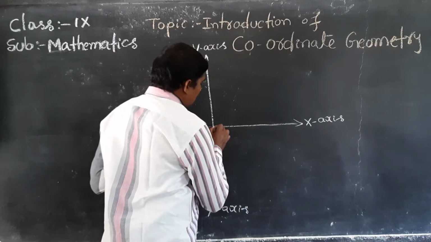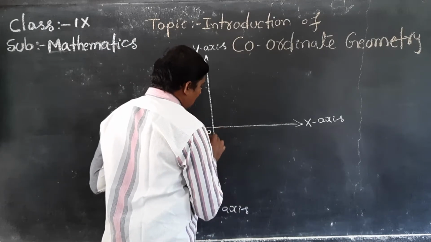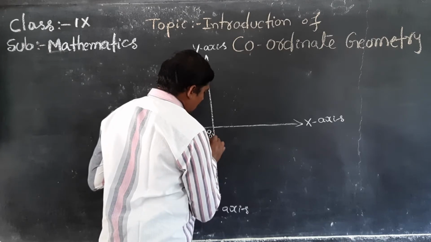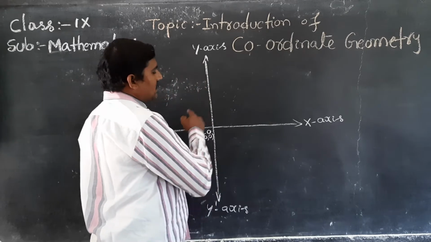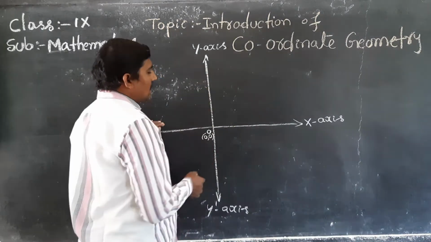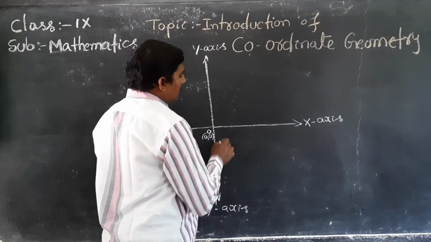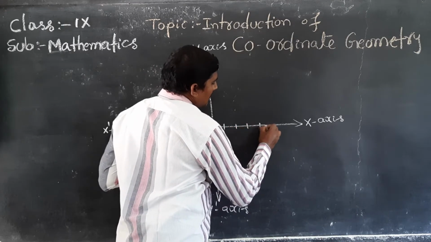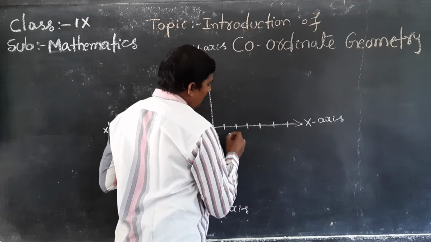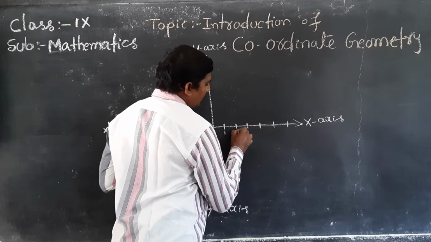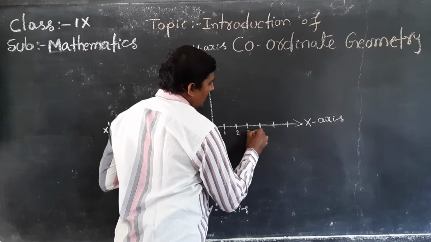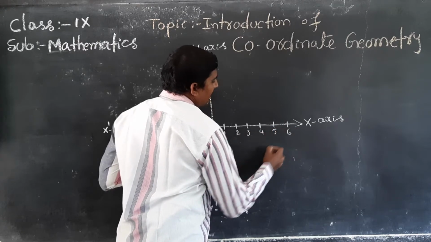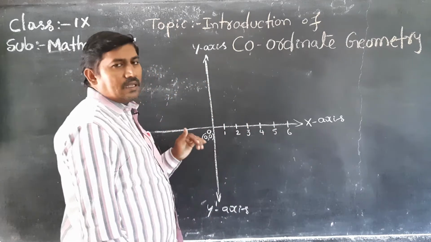For this origin we take O, here (0, 0). On the x-axis it is 0 only, on the y-axis also 0 only. According to the number line, we take the values here. Right side values are positive values: 1, 2, 3, 4, 5, 6, 7, 8.